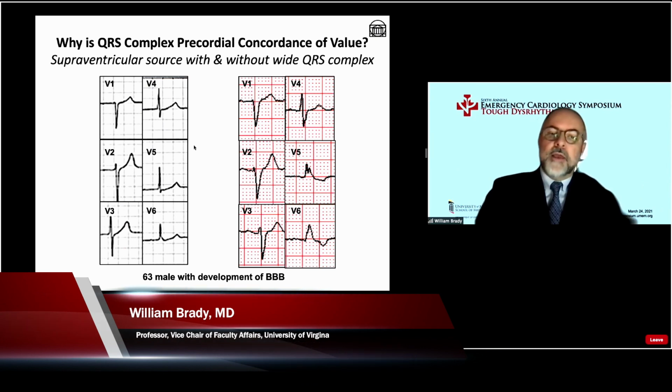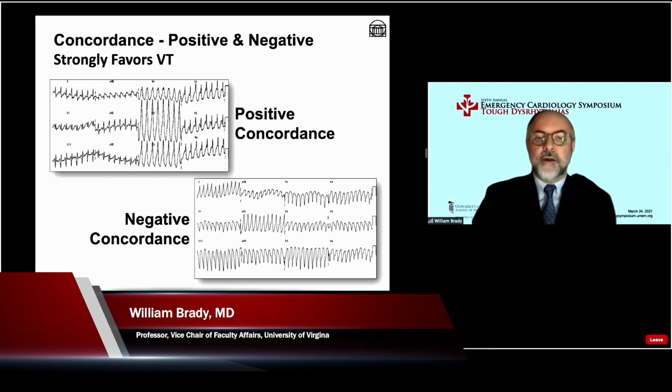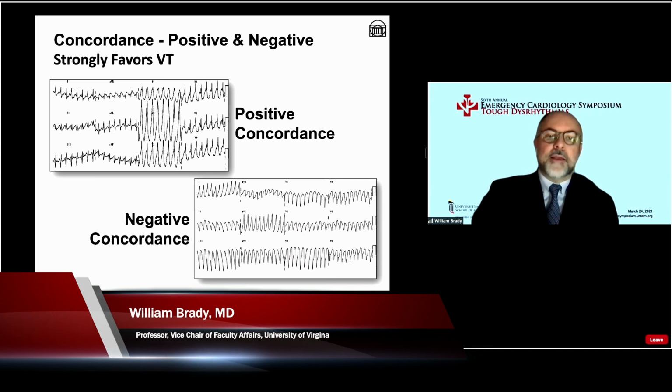And so if the patient then develops a tachycardia, that's where the concordance issues can come into play and be helpful. Up top in the left of your slide is a patient in a wide complex rhythm with positive concordance, where the QRS complexes are primarily positive from V1 to V6, and down below in the lower right, negative concordance, where the QRS complexes are entirely negative from V1 to V6.